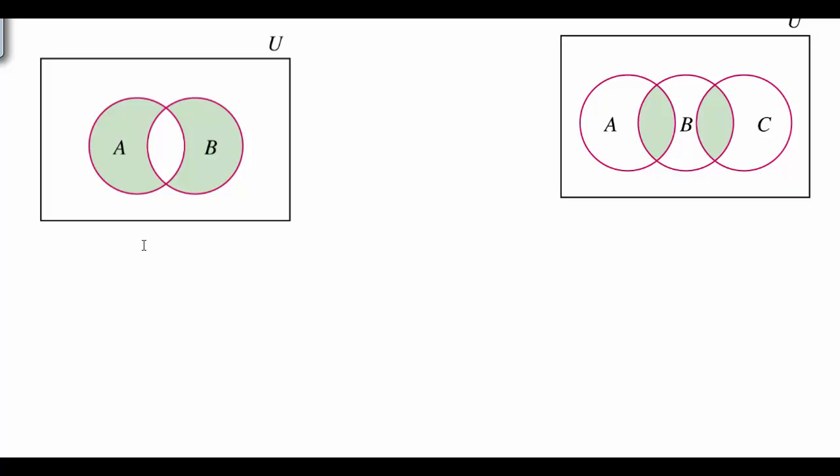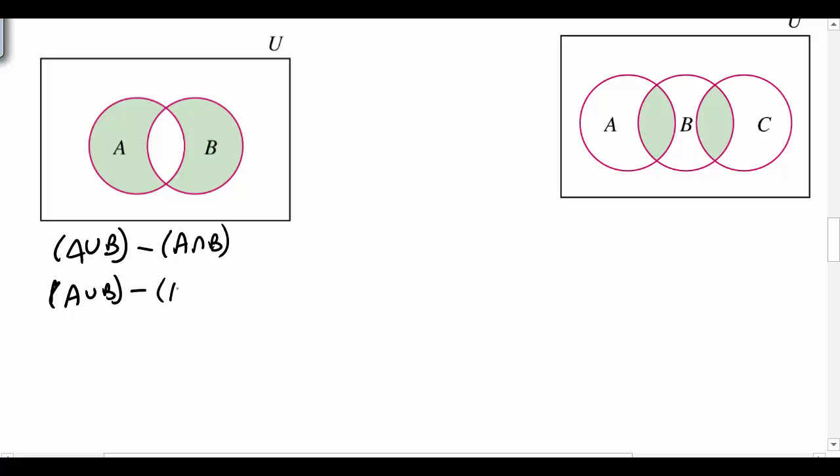I could say, look at everything in A and B, so the union of A and B, and take out the intersection of A and B. Okay, so that's one way to communicate that. I could also say take everything in A and B, so the union of A and B, and then take the complement of the intersection.